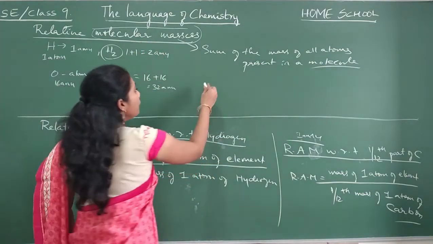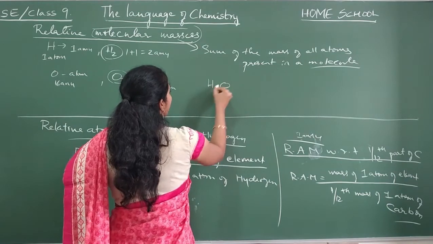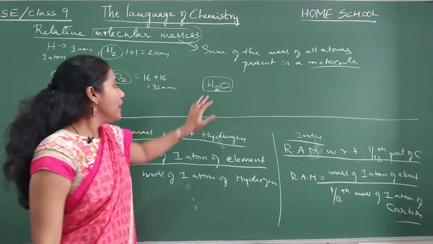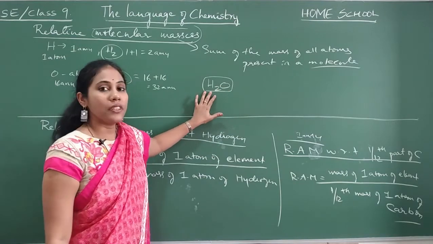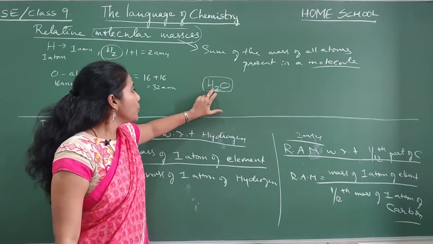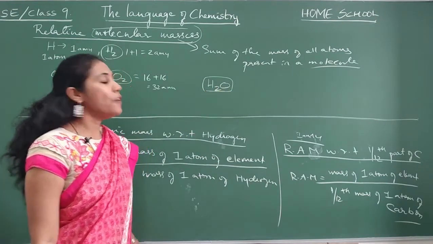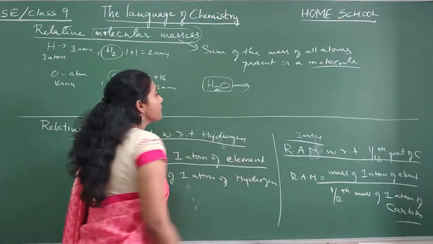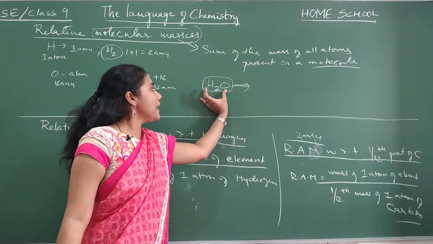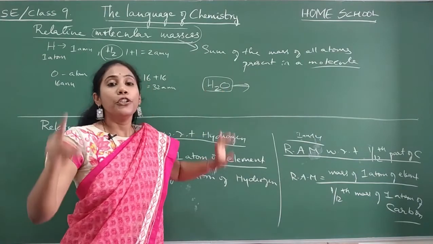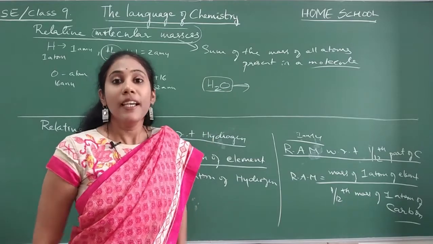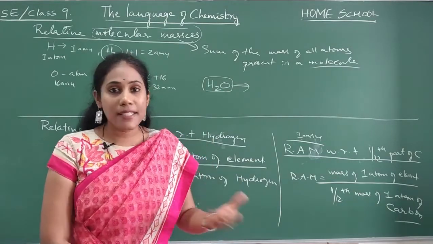Say if you want to know the mass of H2O molecule. H2O is not an element, so it is a molecule. This molecule is formed from 2 atoms of hydrogen and 1 atom of oxygen, isn't it? And how do you find its mass, guys? To find the molecular mass of a molecule, you must know the atomic masses of all elements. We know how atomic masses have been found.